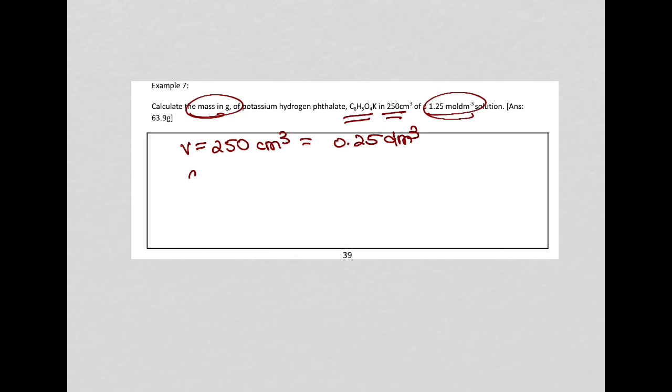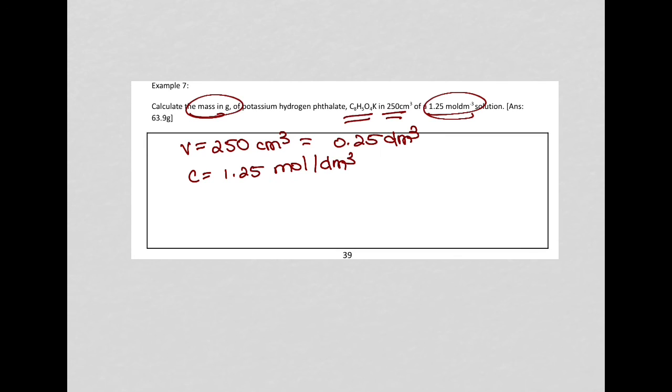The last question here is you have to find the mass in grams of potassium hydrogen phthalate. The formula is given here. This is the volume. So you'll have to convert 250 cm³ to dm³, which is 0.25 dm³. This is the concentration. This is in mole per dm³.